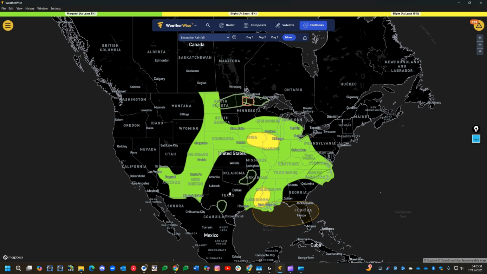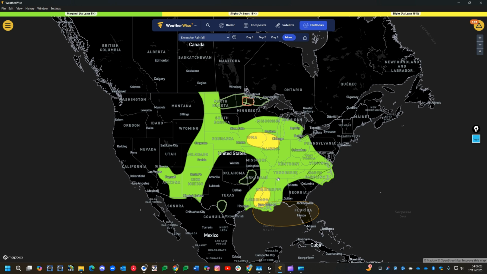Day 5, another slight risk along the coast here. Another, as you can see, slight risk in Ohio Valley again. A large marginal risk for these areas here: Arizona, Mexico, Colorado, Nebraska, parts of South Dakota, North Dakota, Kentucky, Tennessee, all those states. I'm not going to read them all off, but you can see those from the map here.